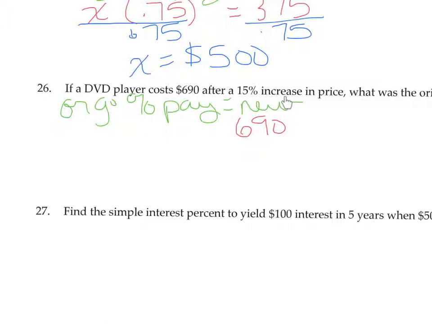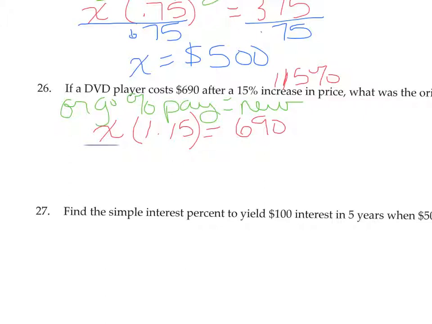They're increasing it. So everything starts at 100, then they're increasing at 15%. So this would be 115%. 115% in a decimal is 1.15 because you move that decimal 2 places. And the original is X because that's what we're looking for.